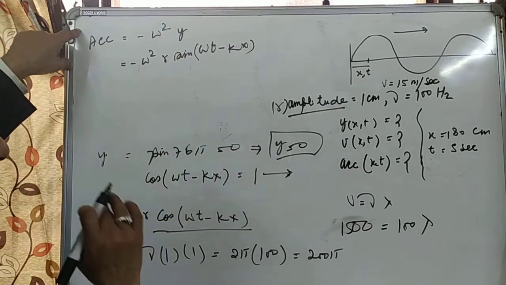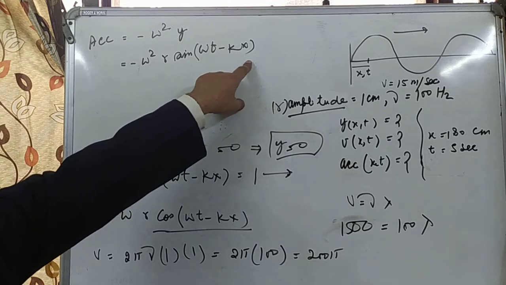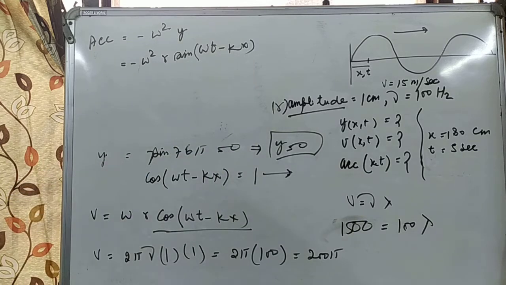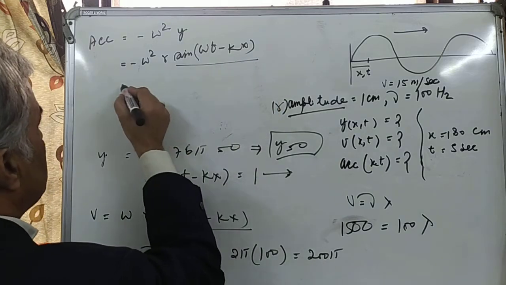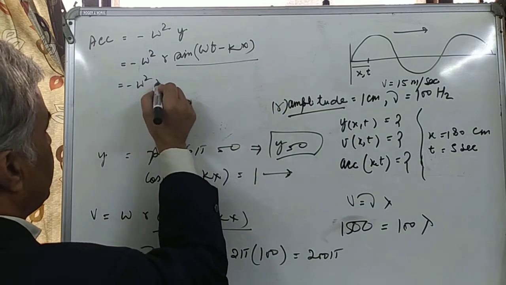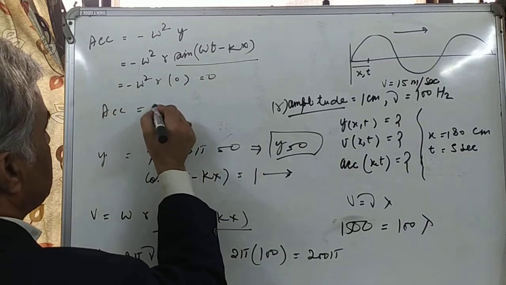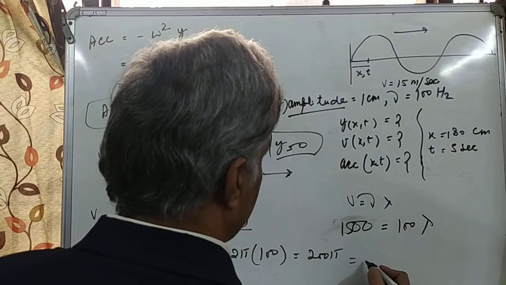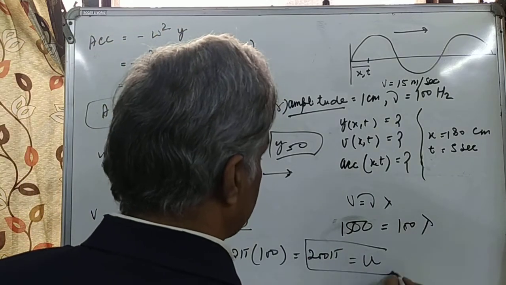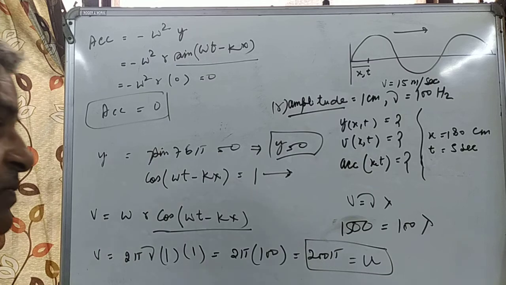This is the general formula, and this is the y for propagating waves. The value of y is 0, so minus omega square r into 0 is 0. So acceleration is 0, the velocity of the particle is 200 pi, and displacement is 0.